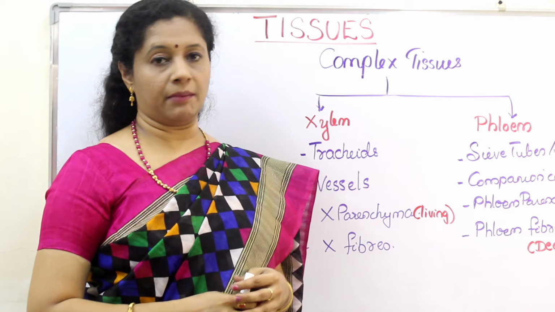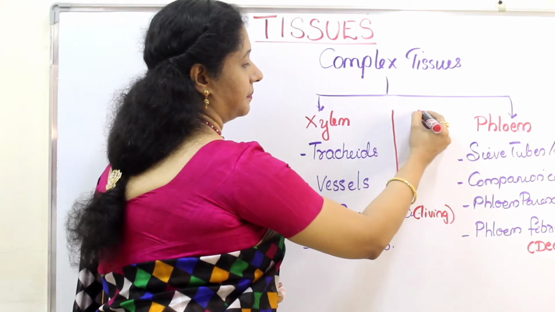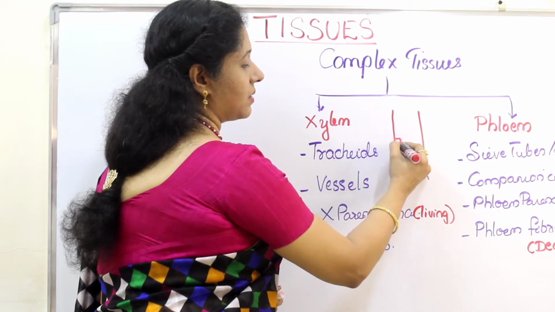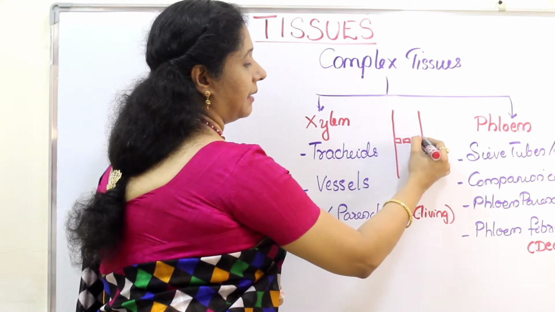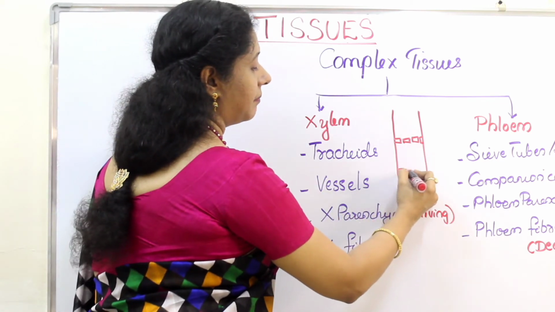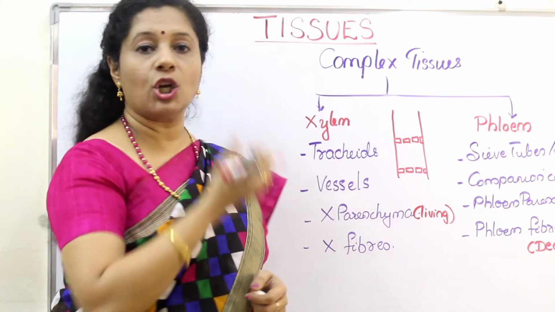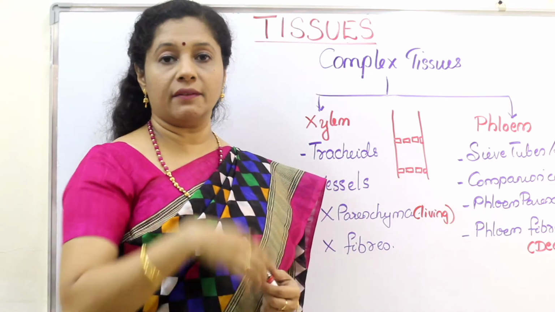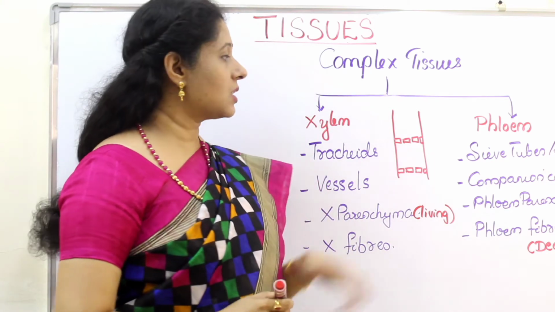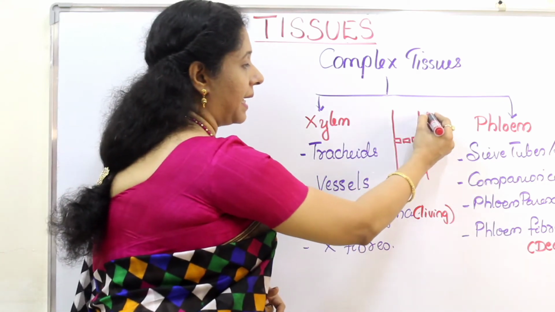When we come to phloem, phloem has sieve tubes. Sieve means what? The filtering plates are called a sieve. Here they have plate-like structures in between the tube, with a lot of holes or pores so that the food can pass through. This is called a sieve tube. Adjacent to the sieve tube, you will see companion cells.